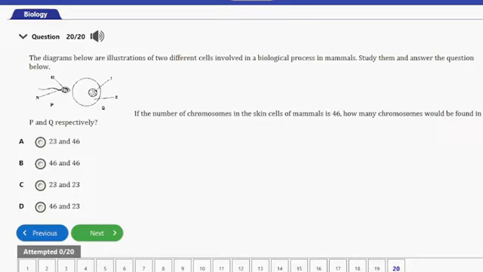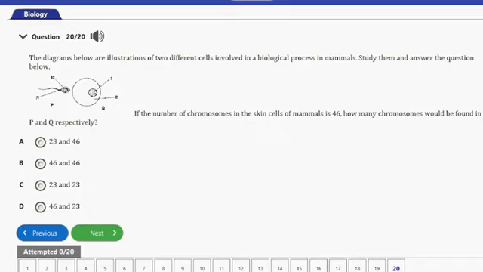Question number 20. It says, the diagrams below are illustration of 2 different cells involved in a biological process in mammals. Study them and answer the question below. If the number of chromosomes in the skin cells of mammals is 46, how many chromosomes will be found in P and Q respectively?